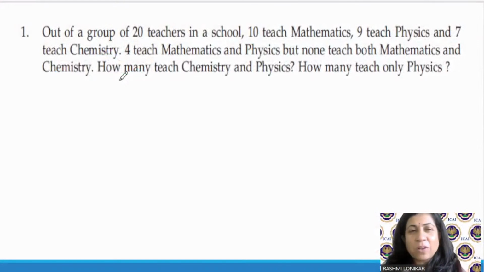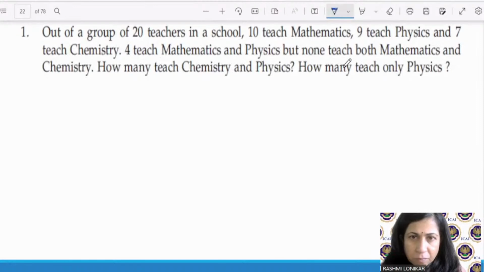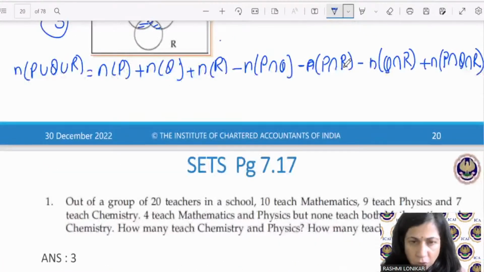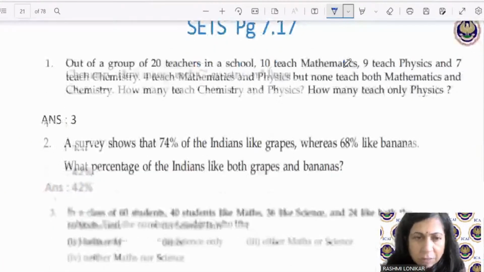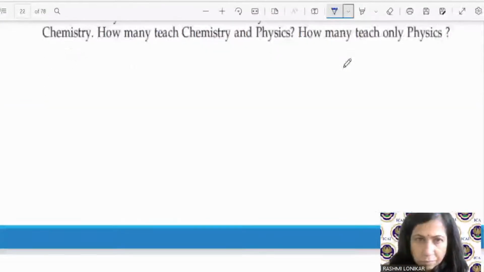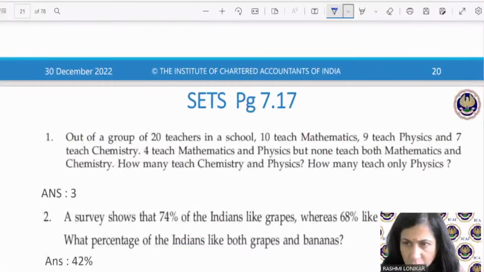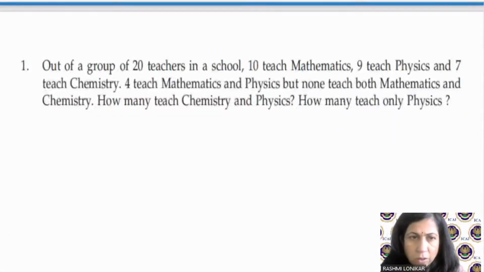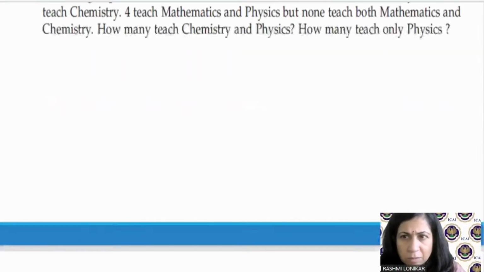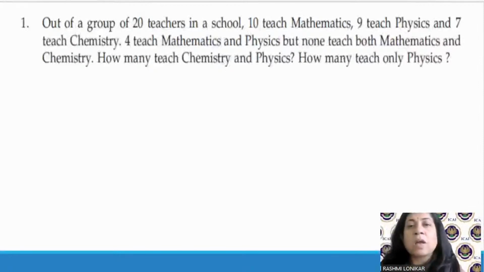Welcome back. Now let us go into these beautiful sums that we have. So this is on page 7.17. Out of a group of 20 teachers in a school, 10 teach mathematics, 9 teach physics, and 7 teach chemistry.